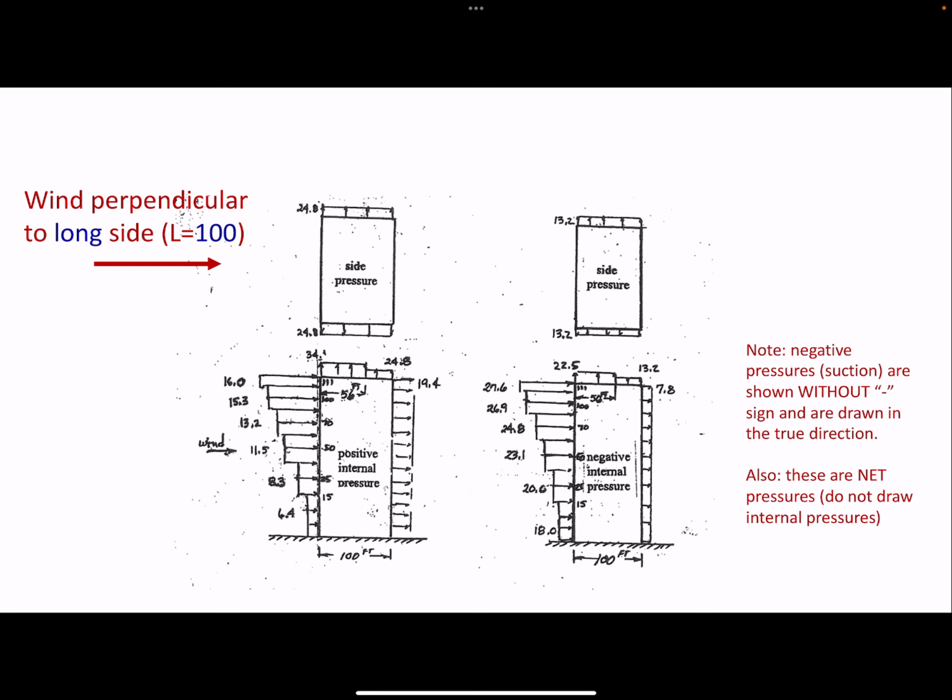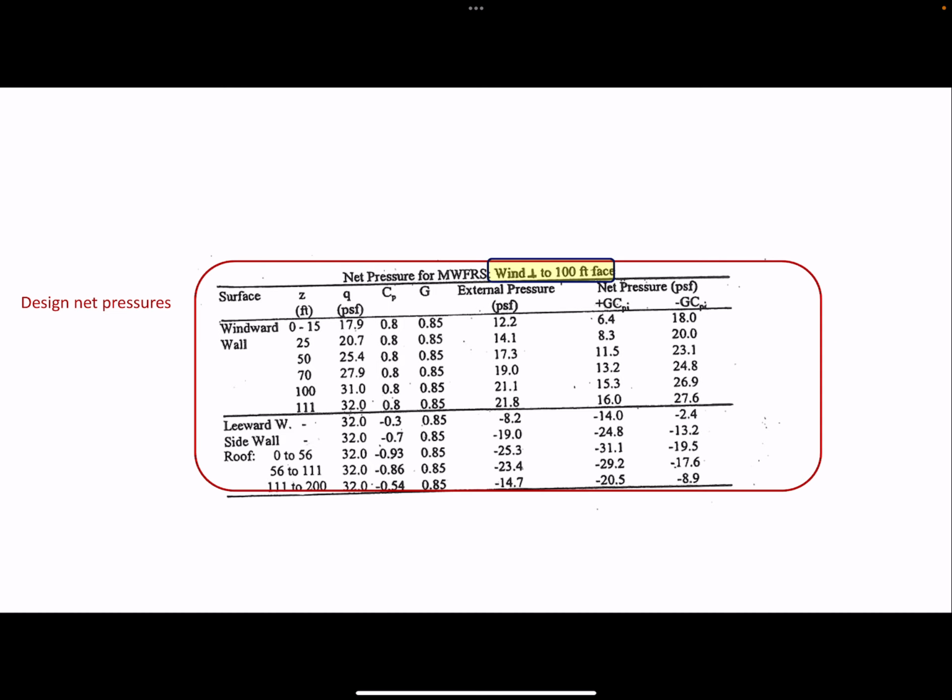All right, so another important thing to note is that when drawing these net pressures, in the tables they have a plus or minus associated with them. The plus refers to a net positive pressure, and this is in the context of the external pressure.